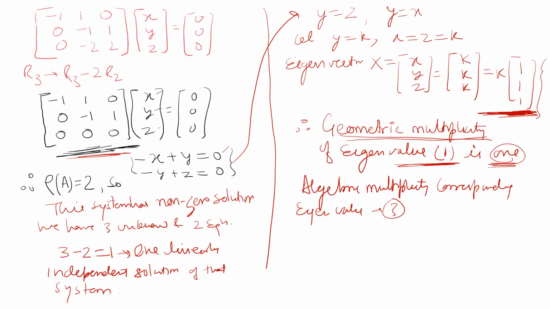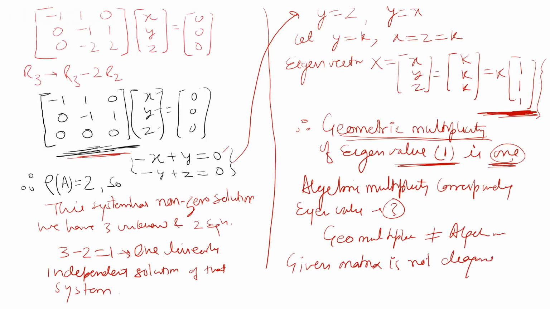So the geometric multiplicity is not equal to the algebraic multiplicity. So we can say the given matrix is not diagonalizable.